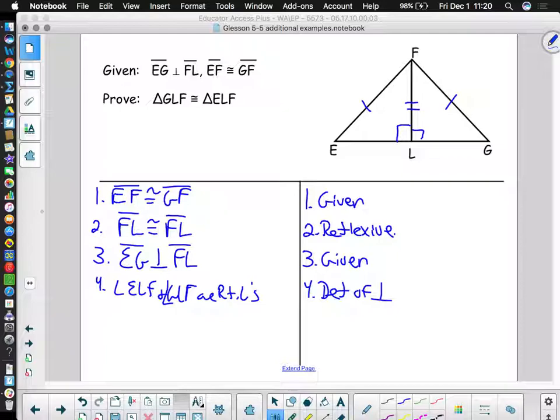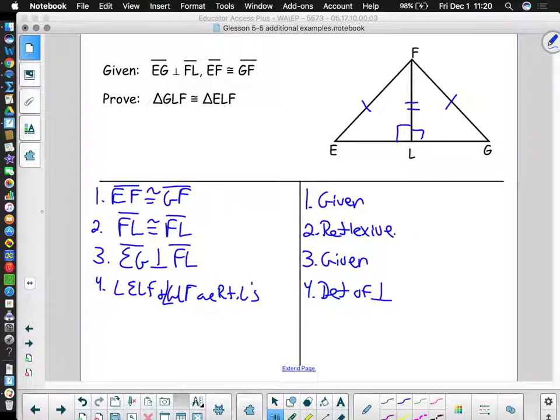Now, what shortcut am I looking at here? It's not SAS, is it? Well, how do we know it's not SAS? The angle is not the angle that's being formed by the congruent sides, is it? So it's not SAS. This is an HL. But in order for it to be HL, we have to do one special thing.